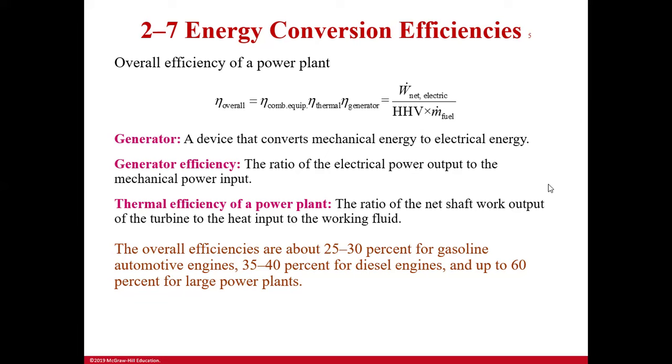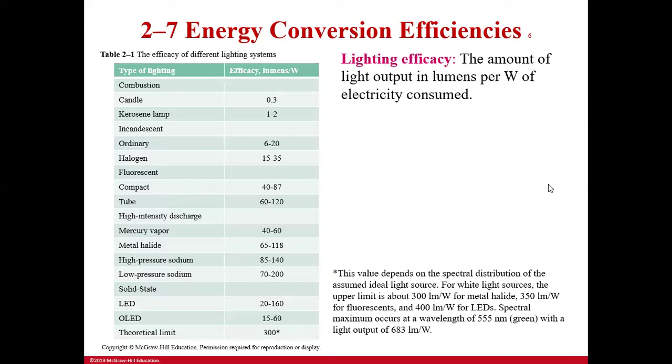The overall efficiencies are about 25 to 30% for gasoline automotive engines and 35 to 40% for diesel engines and up to 60% for large thermal power plants. And here is lighting efficiency, in lumens per watt of electricity.